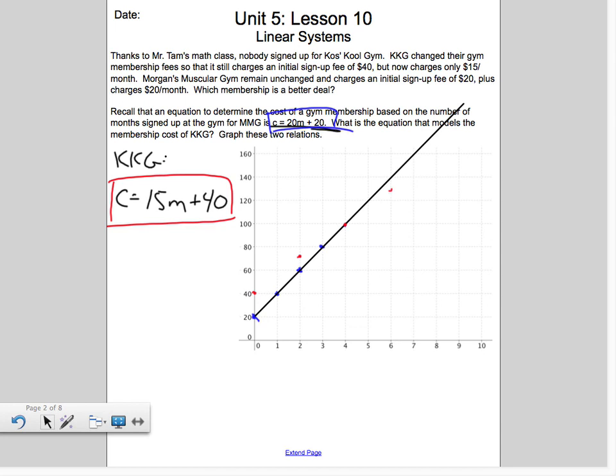I can't see my lines anymore. It's there.